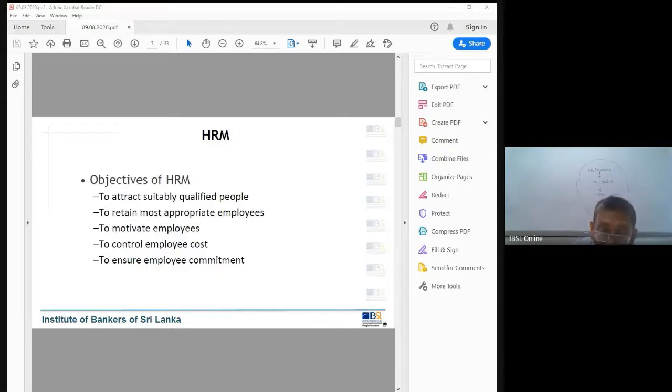That is what you call induction. I think people who join will definitely have gone through the induction program. Under induction, you are given some sort of training about your bank, your operation activities, the structure of your organization, your HR, plus all the things you are given at induction.